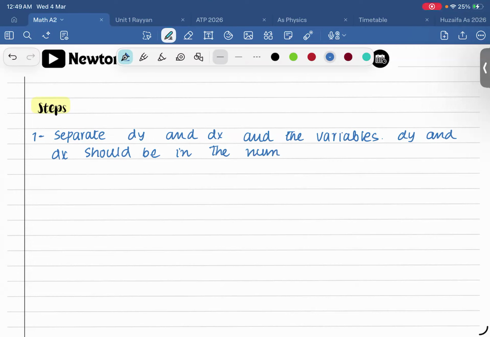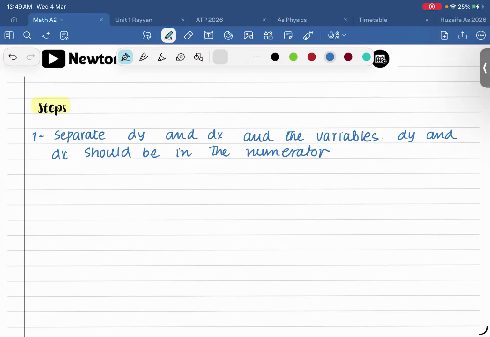Okay, numerator. This is the first step that you have to do, right? Separate the variable, separate dy by dx, dy and dx and the variables. Okay, so dy with all of the y, and dx with all of the x, and make sure that dy and dx should be in the numerator, right?